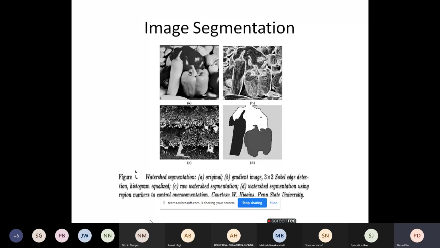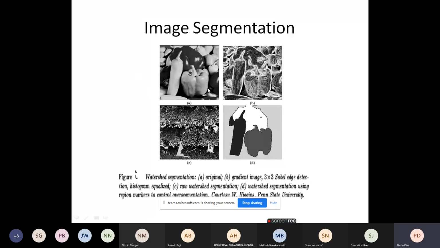I have taken one example here just to understand that if you apply different segmentation algorithms, you may obtain such kinds of images. Here we are going for one segmentation method, which is called watershed segmentation.